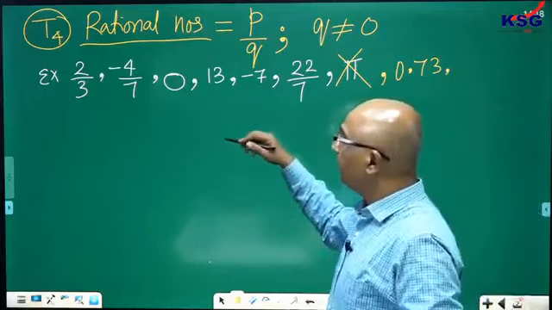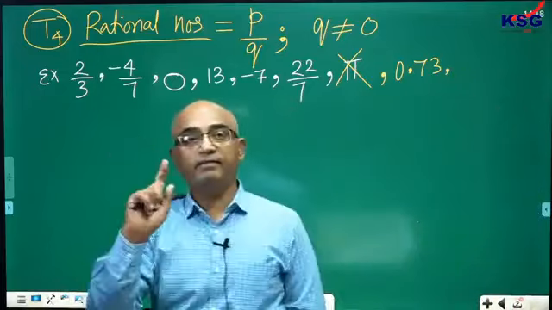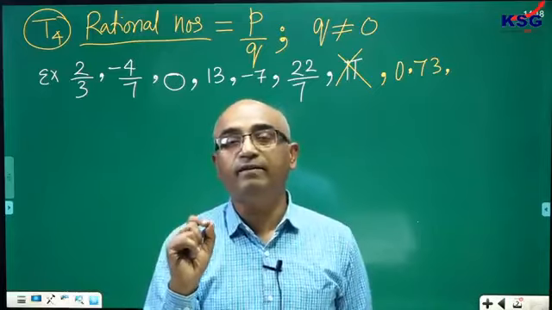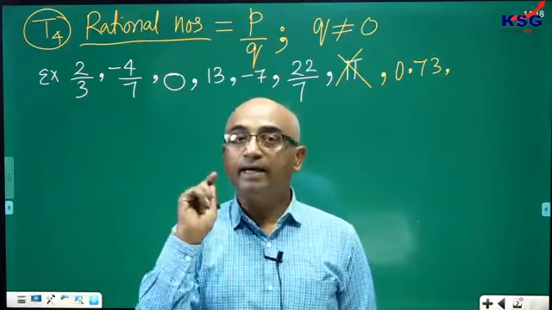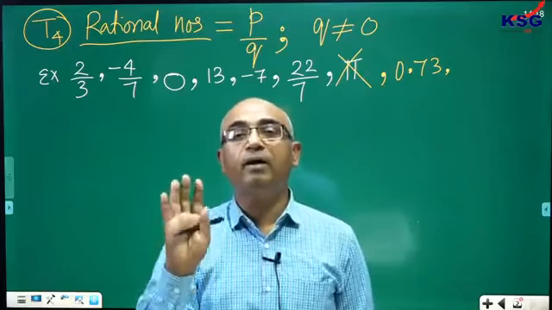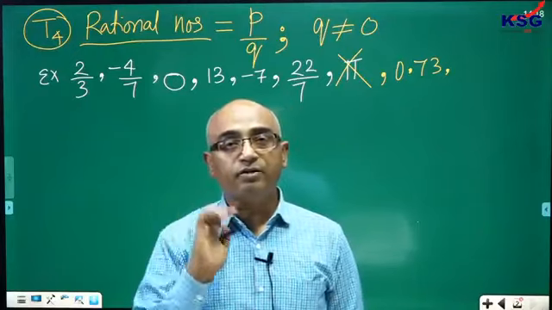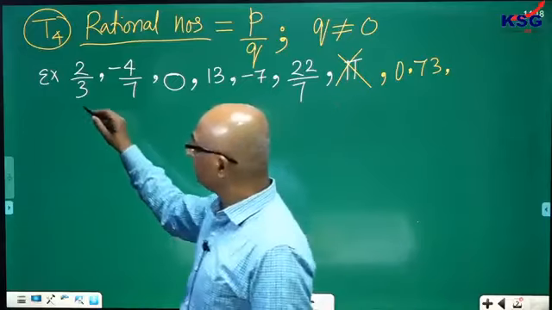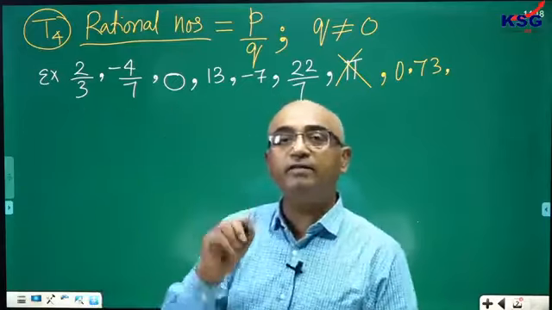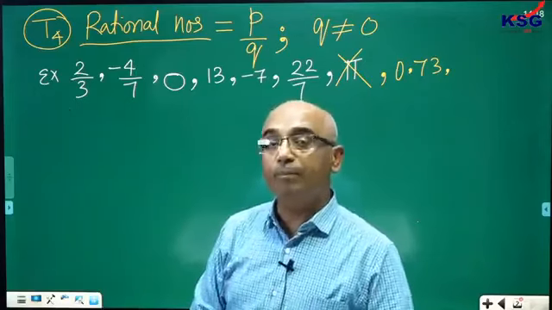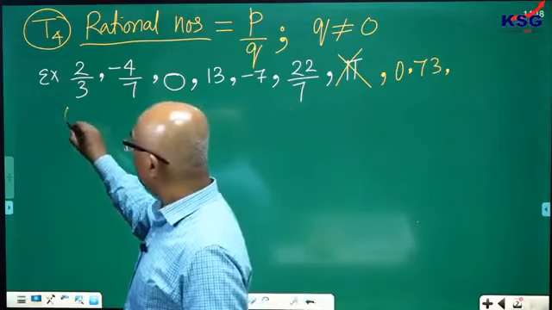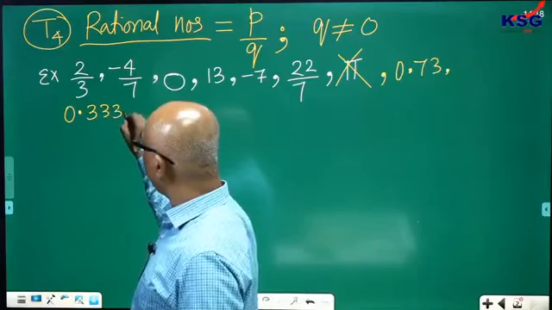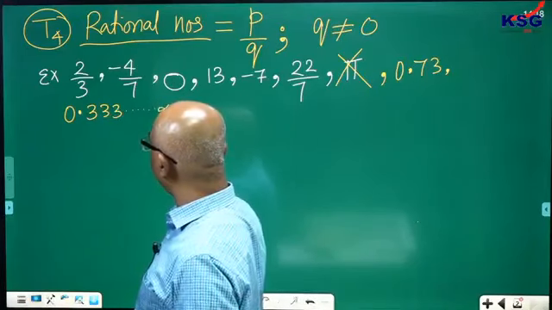Now students, see here: recurring decimal. One variety of decimal is the recurring decimal, and each and every recurring decimal is a part of rational numbers. See what recurring decimal means. 0.3333 till infinite times.